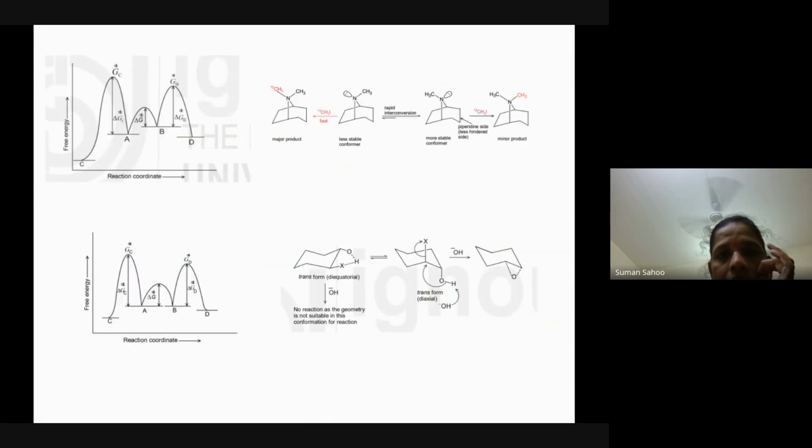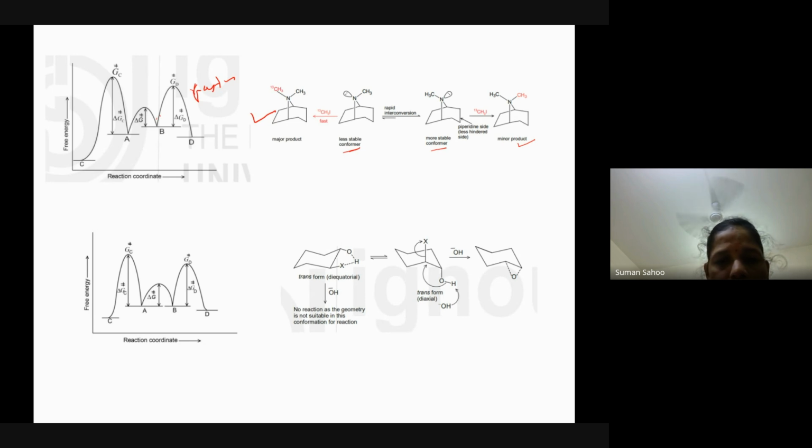Just check here, this one is your more stable conformer, and this one is your less stable conformer. But this less stable conformer goes through a pathway which is of less energy as compared to the more stable conformer, which goes through a higher energy. So this rate of reaction would be faster, this one would be slower. So you would get this one as major product and this one would be your minor product.